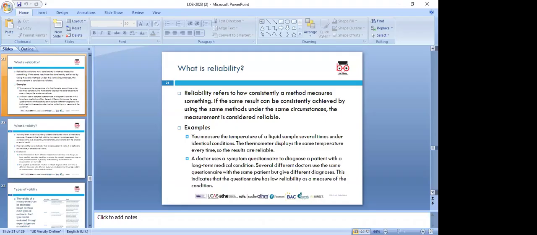The thermometer displays the same temperature every time, so the results are reliable, aren't they? When a doctor uses a symptom questionnaire to diagnose a patient with a long-term medical condition, and several different doctors use the same questionnaire with the same patient but give different diagnoses, this indicates that the questionnaire is a low-reliability measure of the condition. This is what we call reliability and non-reliability.